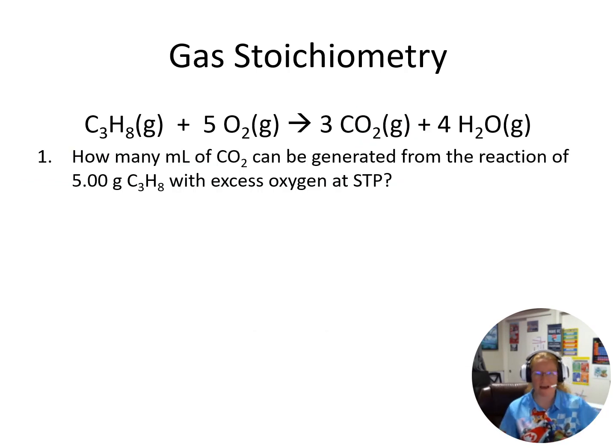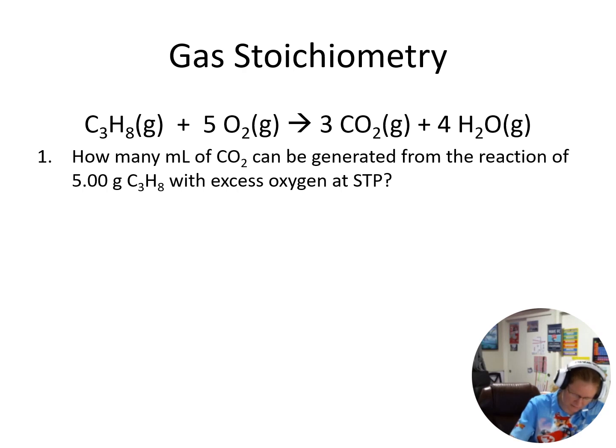All right, so I have some carbon dioxide, and I want to know how much carbon dioxide I can generate from this reaction of 5 grams of my hydrocarbon. All right, so in order to figure out the number of moles, I first need to figure out the number of moles.